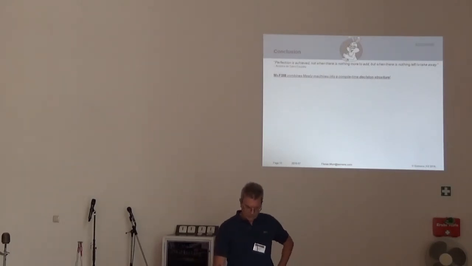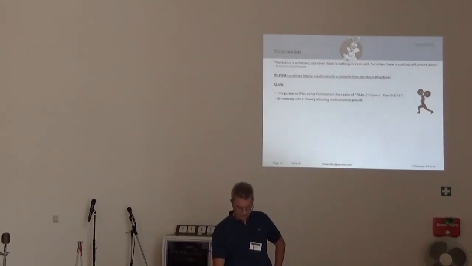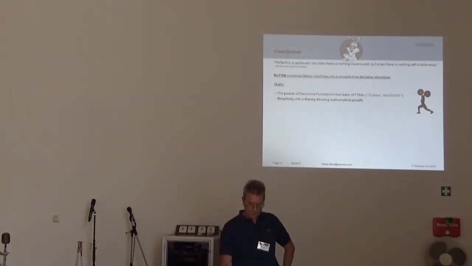McFSM is simple because it just combines finite state machines into a compile time decision structure. What you gain is the power of recursive functions in the realm of finite state machines. That is something I explained last year. The simplicity of the idea and the system produces a theory that allows mathematical proofs.